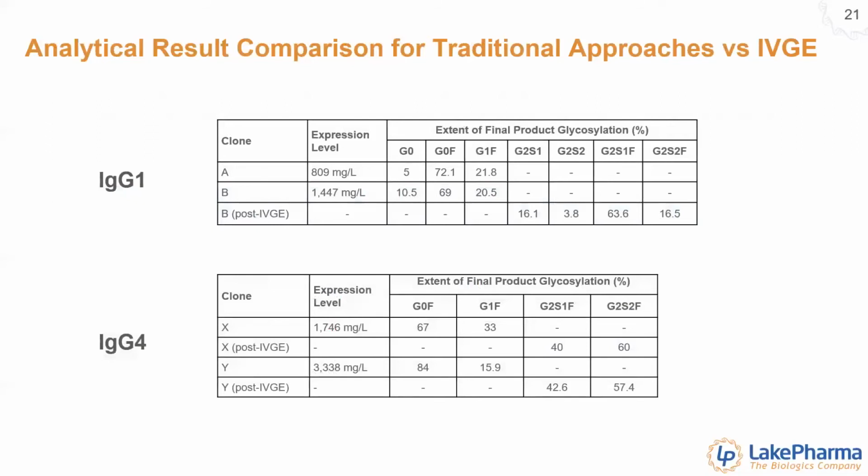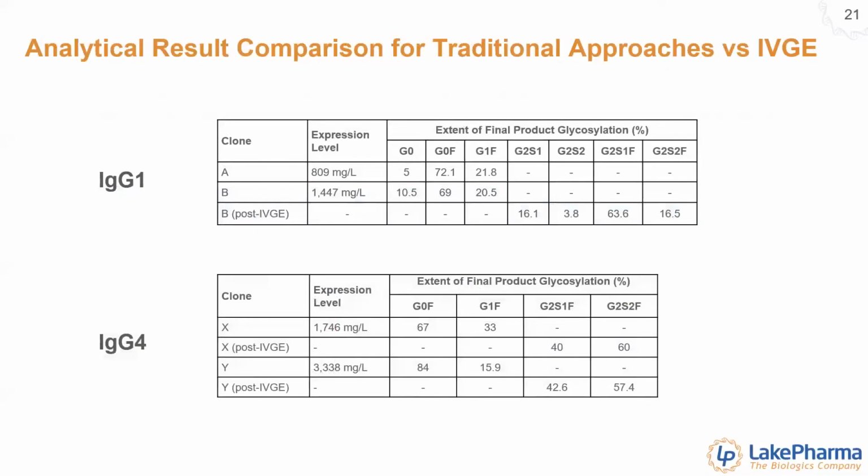And similarly with IgG4, for the clone X, the G0F content was 67%, G1F at 33%, and clone Y, the G0 is at 84%, and G1F at 15.9%. Post IVGE, they're all converted to either G2S1F or G2S2F.